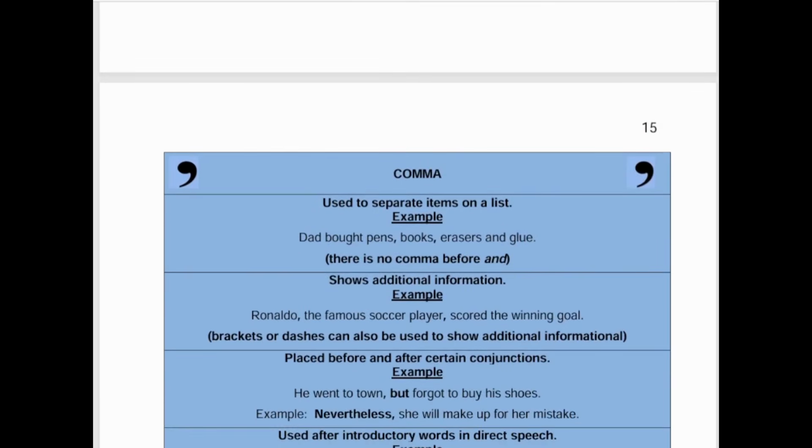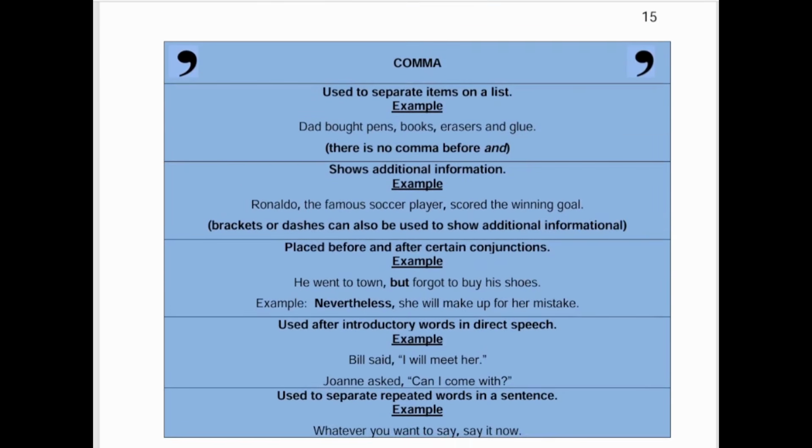Then the next one is now the comma. You can see how the comma is written. A comma is used to separate items on a list. That is the first function of a comma.